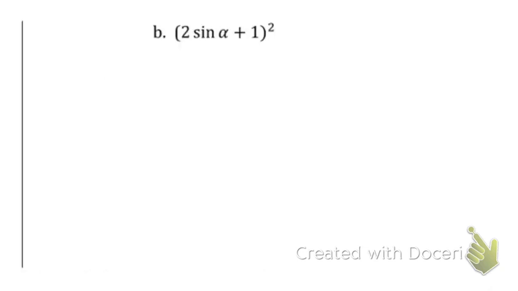Our next one is 2 times sine alpha plus 1 squared. Well, that's just 2 times sine alpha plus 1 times 2 times sine alpha plus 1.